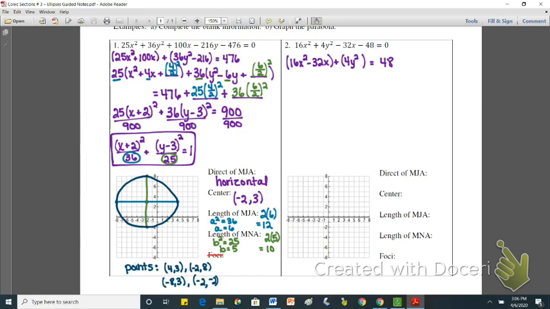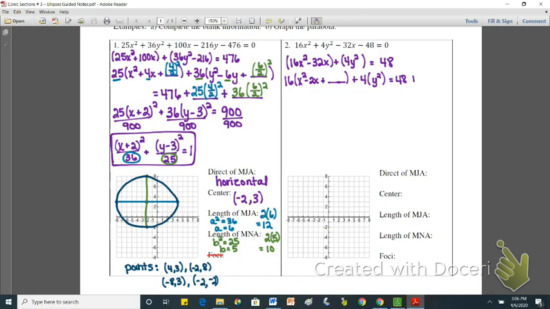So the first one, I am going to go ahead and factor out the 16. So that's going to be x squared minus 2x plus blank. Plus, I'm going to factor out the 4, and that's just going to be y squared inside, equals 48.